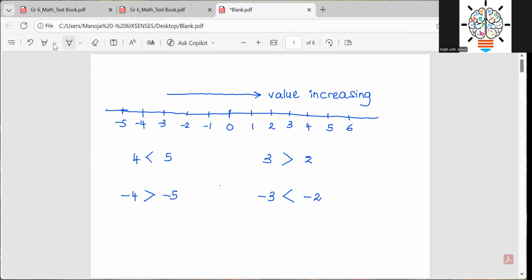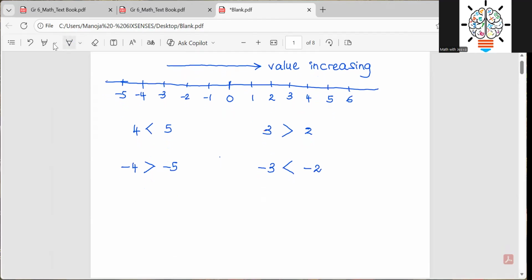Right? If I elaborate this more, let's say we have two positive numbers.